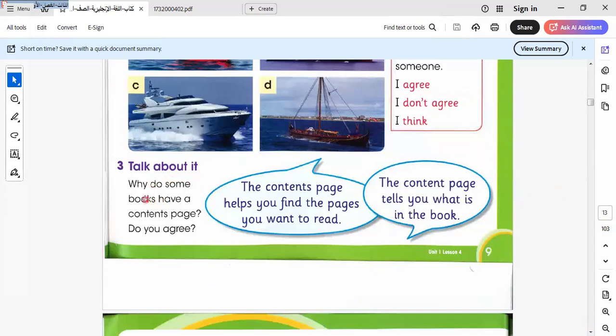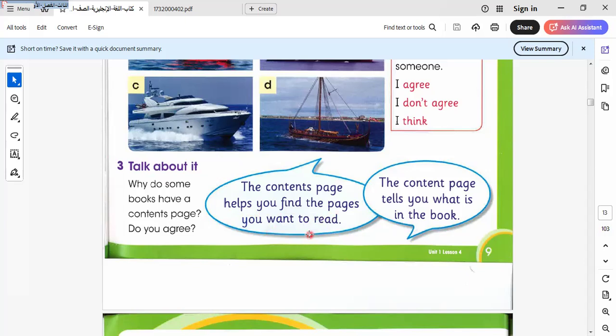Talk about it. Why do some books have a contents page? Do you agree? Can you guess with me? What is the importance of the contents of a book? The contents of a book are important because they help you to find the pages you want to read.